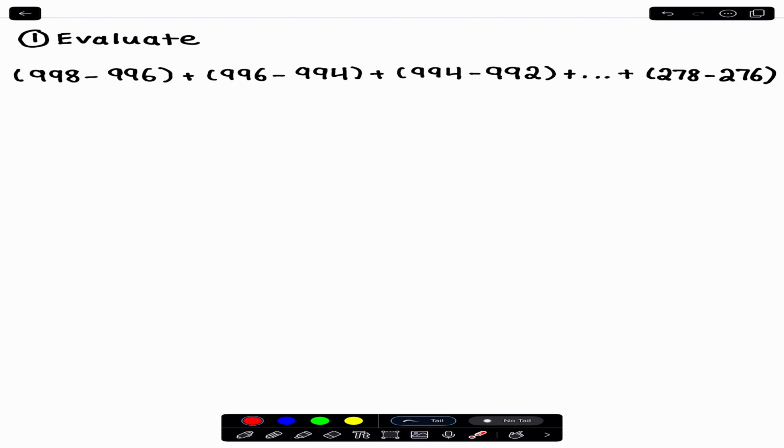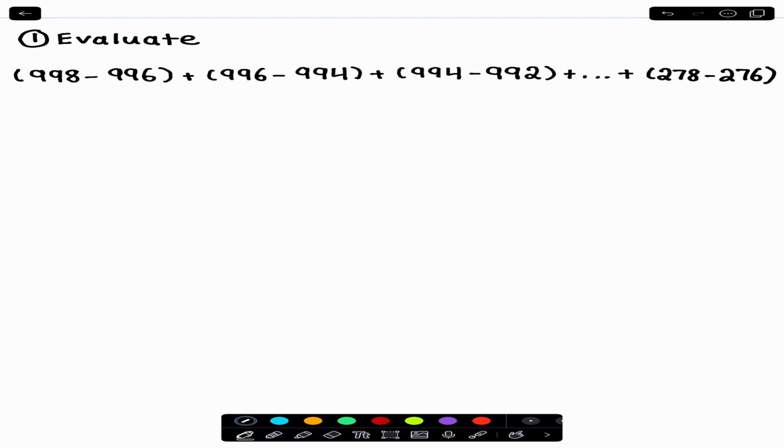In our problem, we are told to evaluate this giant sum. So we have 998 minus 996 plus 996 minus 994 plus 994 minus 992.